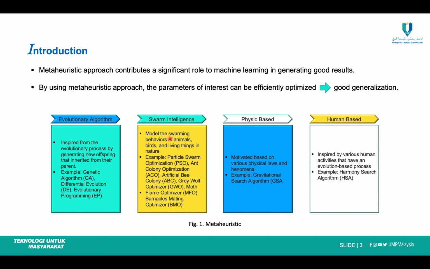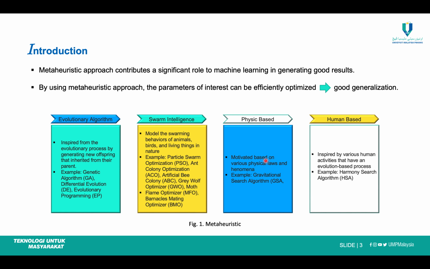For example, genetic algorithm, differential evolution, and evolutionary programming. And we move to the second category, which is swarm intelligence. This models the swarming behavior of animals, birds, and living things in nature. For example, particle swarm optimization, ant colony optimization, artificial bee colony, grey wolf, moth flame, and barnacles mating optimizer.